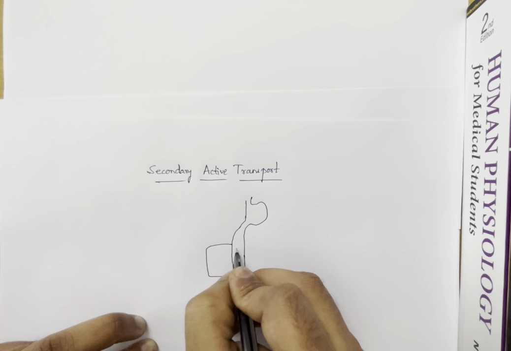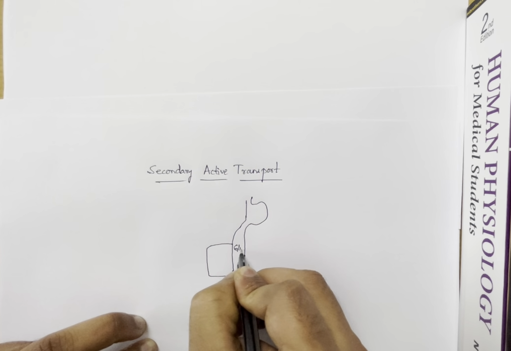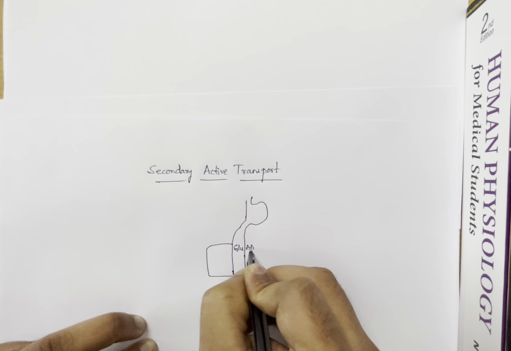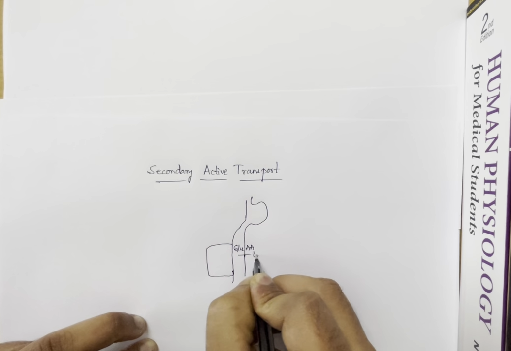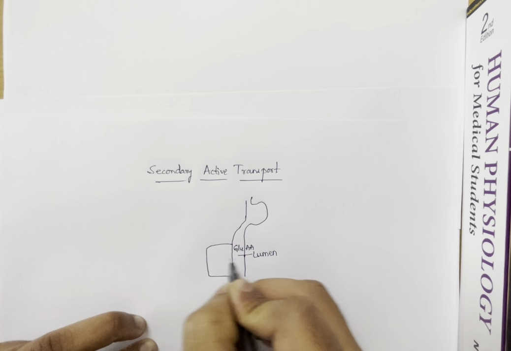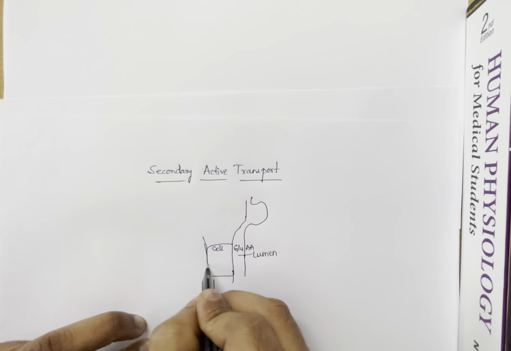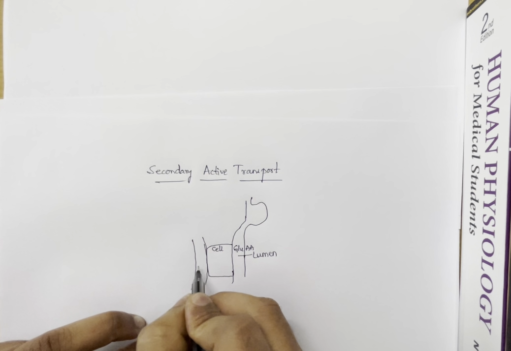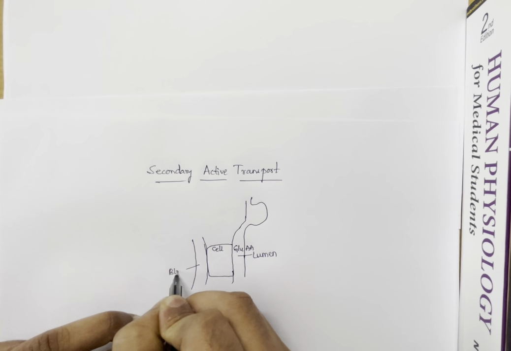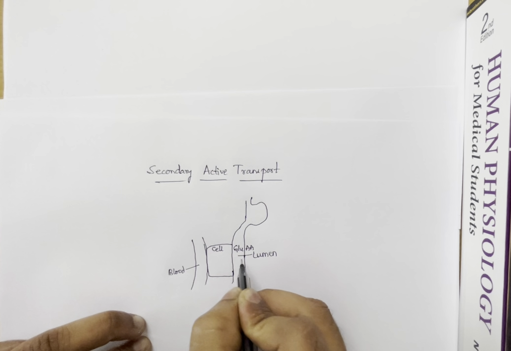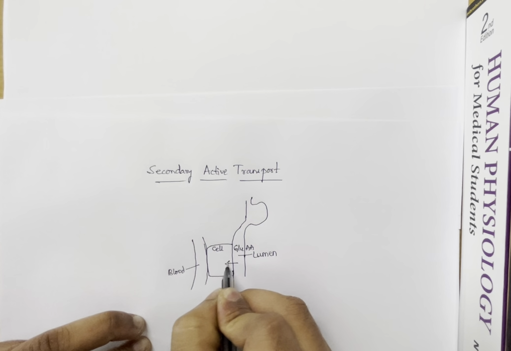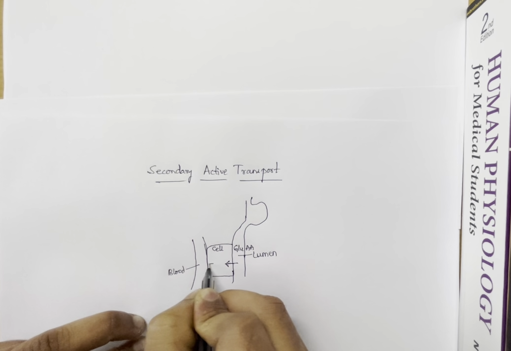the digested products like glucose or amino acids which are present in the lumen. This is the lumen. How do they enter the intestinal epithelial cell? From the intestinal epithelial cell, this side there is a capillary or blood. How does it reach the blood? So from the lumen, how does it enter the intestinal epithelial cell, and from the cell how does it reach the blood?